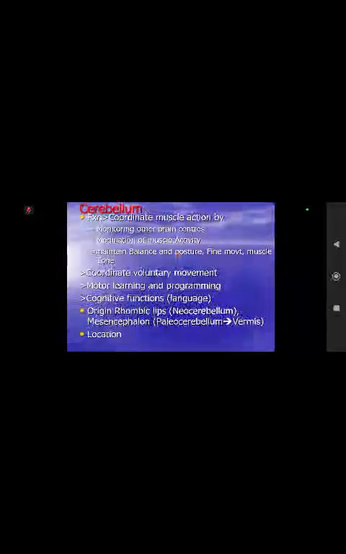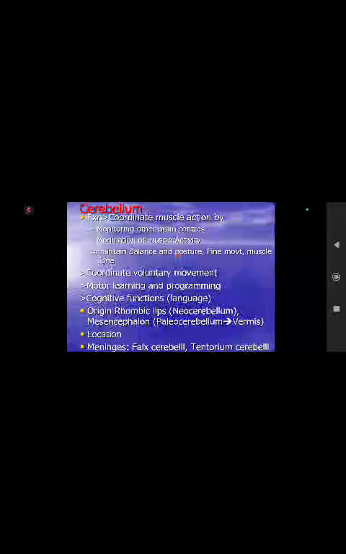Well, you know the location of the cerebellum is the posterior cranial fossa, closely associated with the occipital lobe, separated from the cerebral cortex, the occipital lobe, by the falx cerebri, and attached to the pons by peduncles, the middle, the inferior and superior peduncle.